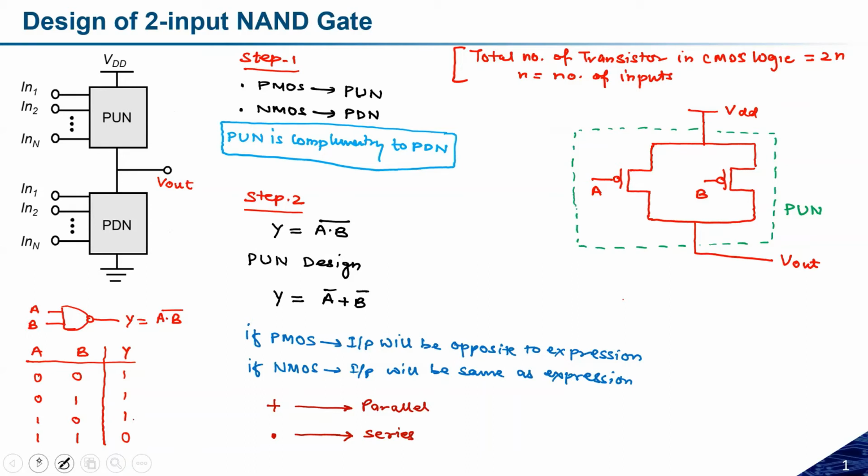Here, because A dot B complement is there, the output depends on the complement. First we do the ANDing, then we calculate the complement of it, or invert it, and then we get the function.